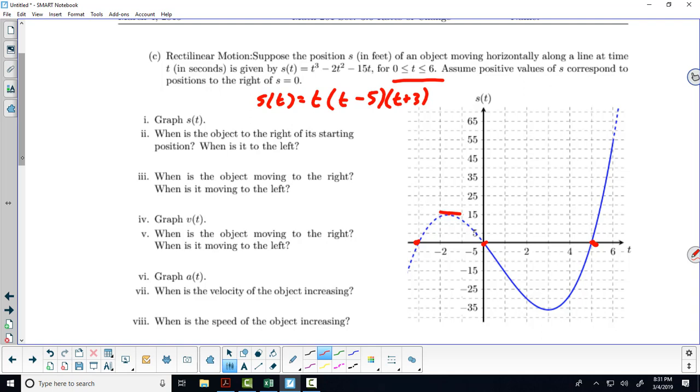0. So if I take the derivative of this function, s prime of t, that would be equal to 3t squared minus 4t minus 15. And I could factor that as 3t and t, and, let's see here, minus 3 and plus 5. That's how that factors.